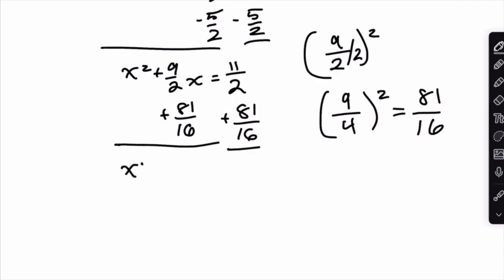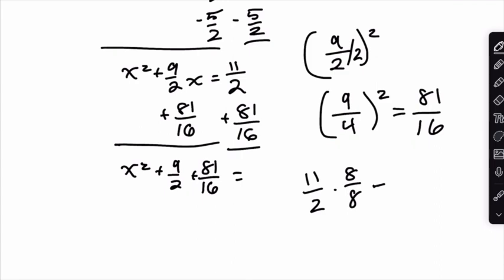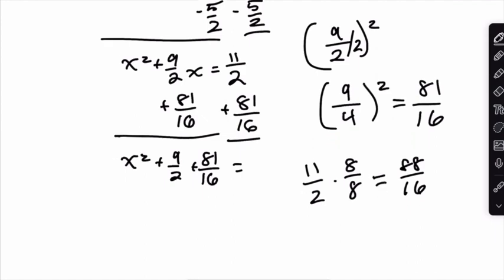So on this side, we have x squared plus 9 halves x plus 81 over 16, and that is going to equal, so we need that 11 halves to have a denominator of 16, so we're going to multiply by 8 over 8, which will give us 88 over 16. So on this side, we have 88 over 16 plus that 81 over 16. So 88 plus 81 will give you 169. So 169 over 16.